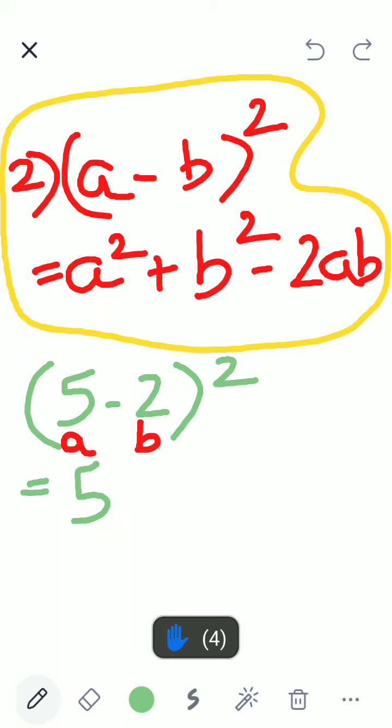Yes, 5 square minus, look at the sign, child, plus 2 square, minus 2 into.